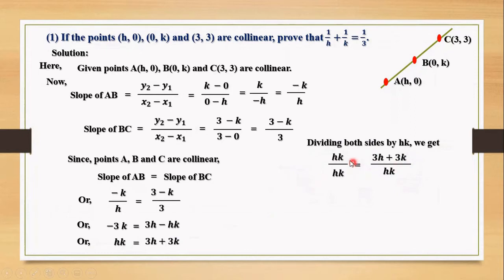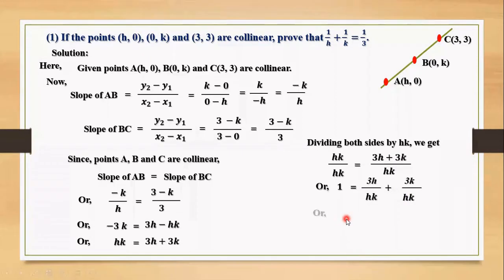Let's simplify it again. In the left hand side, numerator and denominator get cancelled, and we have 1. In the right hand side, let's split the denominator: 3h by hk plus 3k by hk.